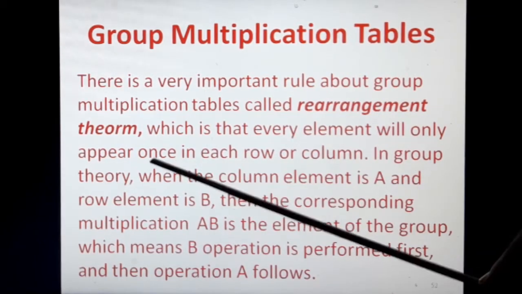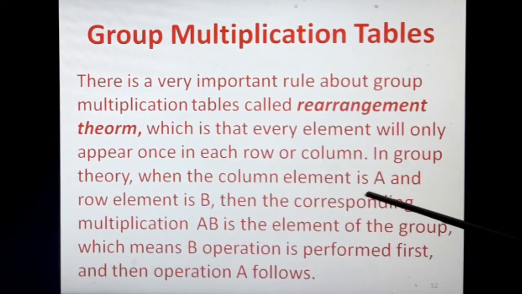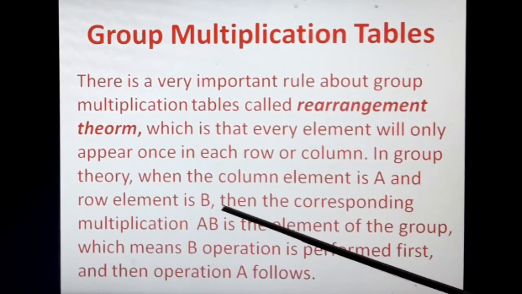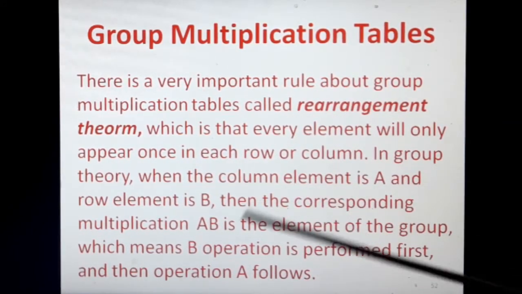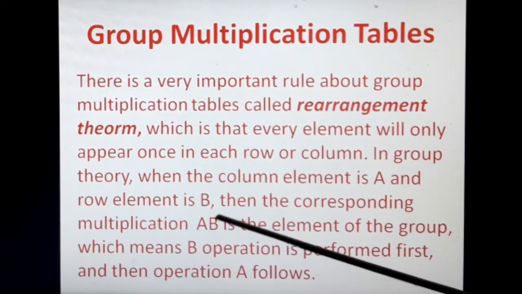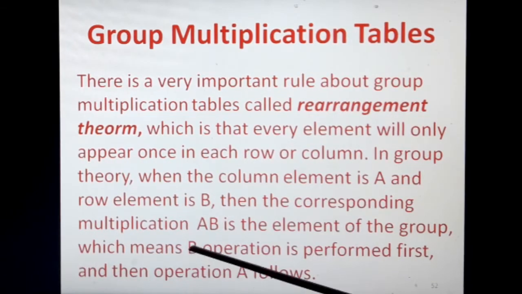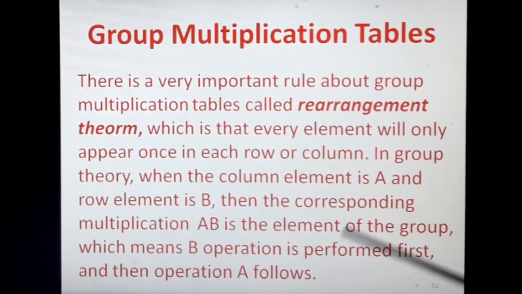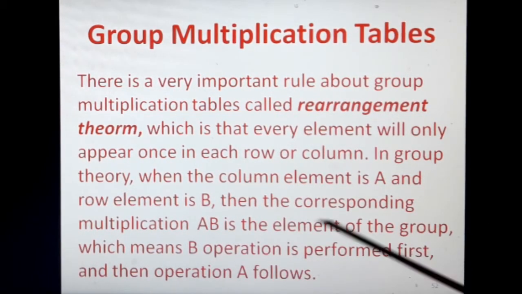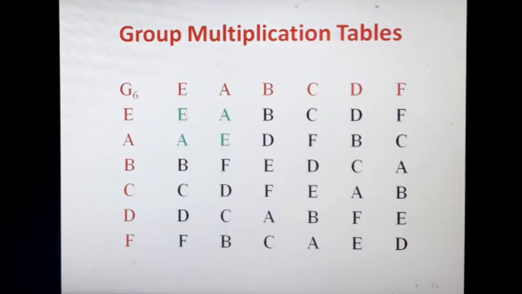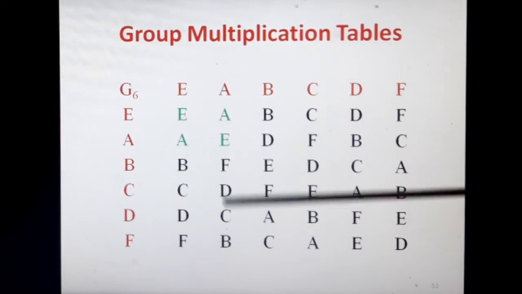In group theory, when the column element is A and the row element is B, then the corresponding multiplication AB is an element of the group, which means B operation is performed first and then operation A follows. This is the group multiplication table.